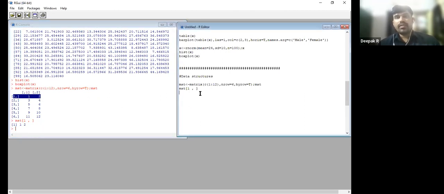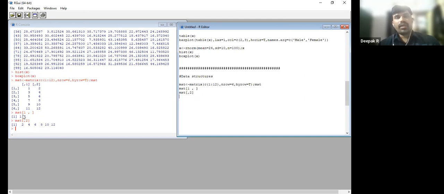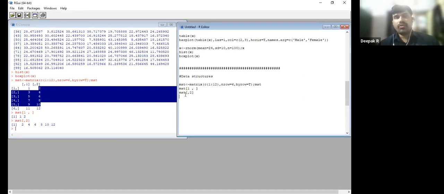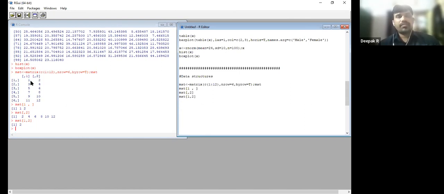Similarly, if I say comma, then 2, I want all the values in the second column across all the rows. And if I want any specific value, the intersection of a specific row and column, I can go with this.